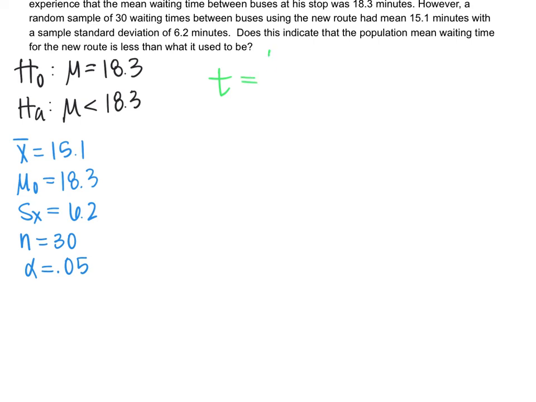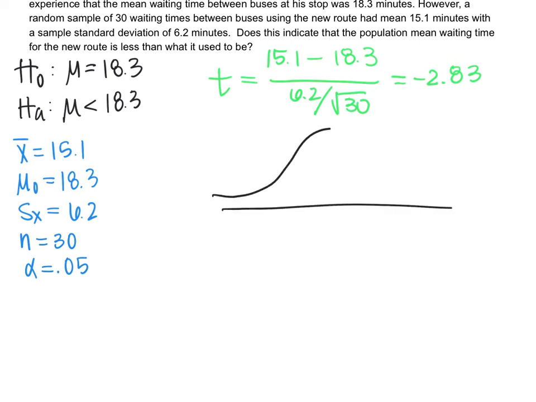Calculating our t-value, we're going to do 15.1 minus 18.3 over 6.2 divided by the square root of 30. And we're going to get negative 2.83. So we're going to have a negative critical value because the alternative hypothesis is less than.